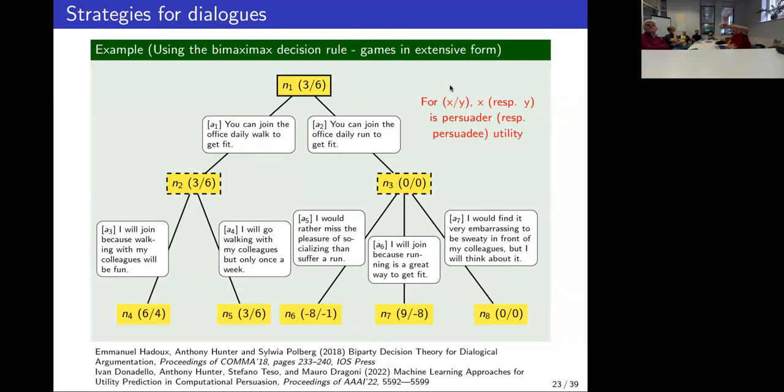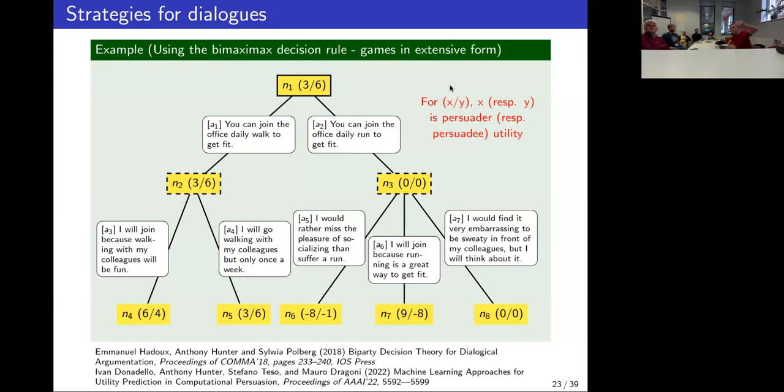So I won't go through all of them, but you can see, for example, on the leftmost branch, the dialogue is, you can join the office daily walk to get fit, and the user might say, I will join because walking with my colleagues will be fun. And so we end up with all of these dialogues, and somehow we give a utility score.